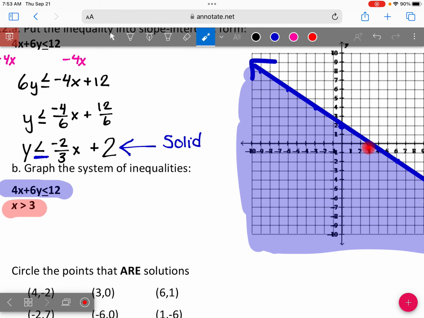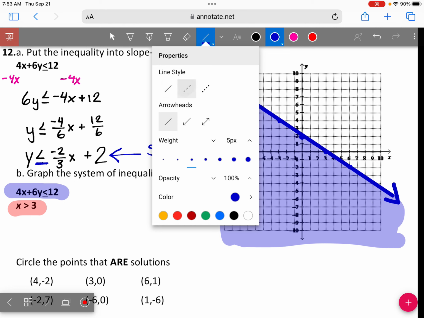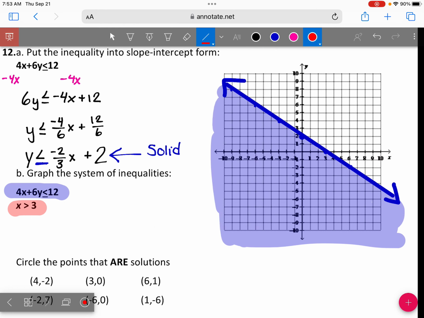So what is this going to look like? A vertical line. And it's a vertical dotted line, because I heard that part too. So we're going to have a dotted line that's straight up and down, like this. When you have an x equals, it's a vertical line. On which side of the line are the places where x is bigger than 3?